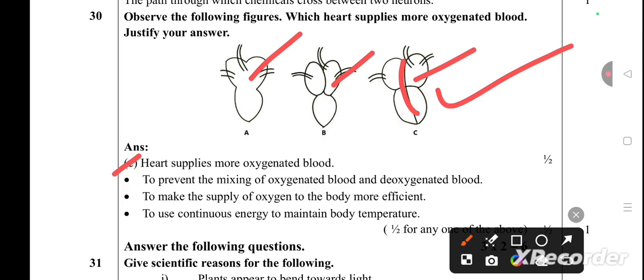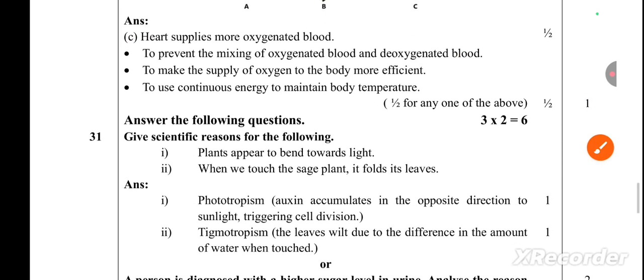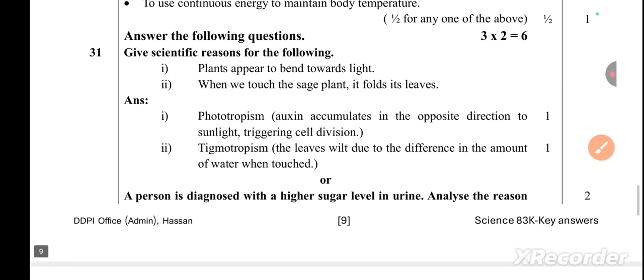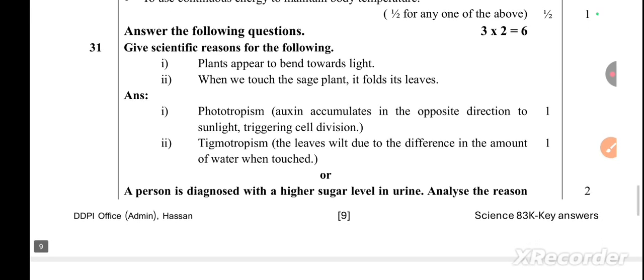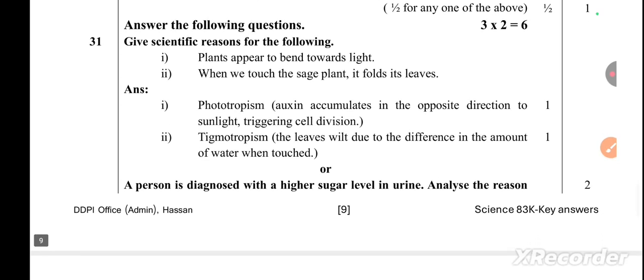To prevent the mixing of oxygenated blood and deoxygenated blood, which one? Option C. To make the supply of oxygen to the body more efficient, which one? Four chambered heart. To use continuous energy to maintain body temperature, it requires a four chambered heart. That's why only birds and mammals have four chambered hearts, and they are warm blooded animals.